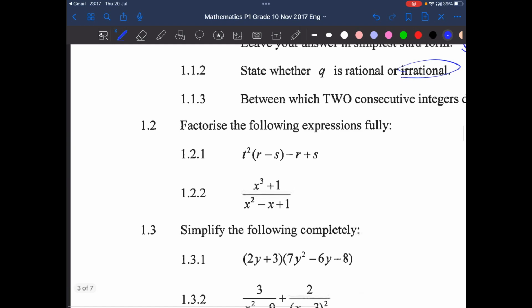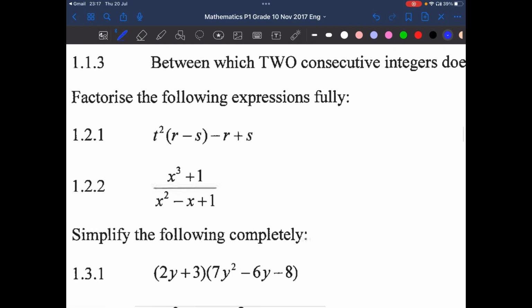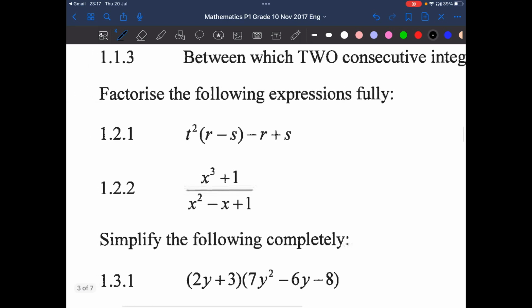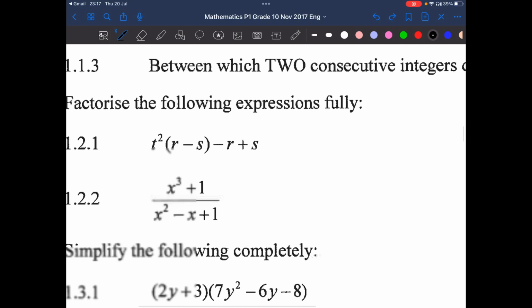The next one, 1.2, factorize the following expressions fully. Okay, so let's see how we're going to do that. If we look at this here, on the surface it looks like we can't really factorize anything, but that's not true. Let's see how we can change things around to make it factorizable.